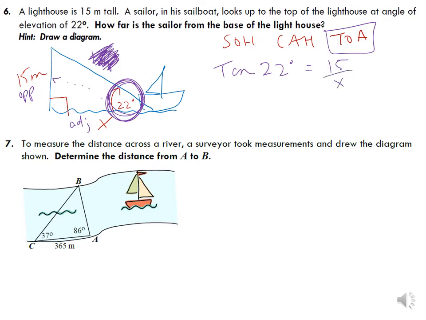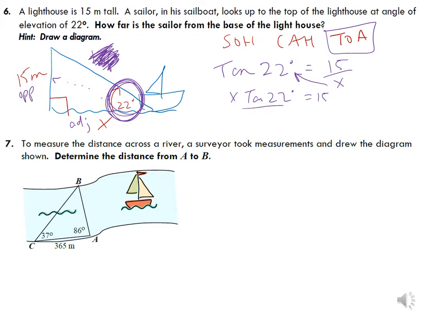So this is a good example because it has x on the bottom, and we haven't encountered that in a few lessons. So I still want to get x by itself, and off the bottom of the fraction, cross multiply. x tan 22 equals 15. And then you want to get the tan 22 away from the x. You're currently multiplying.